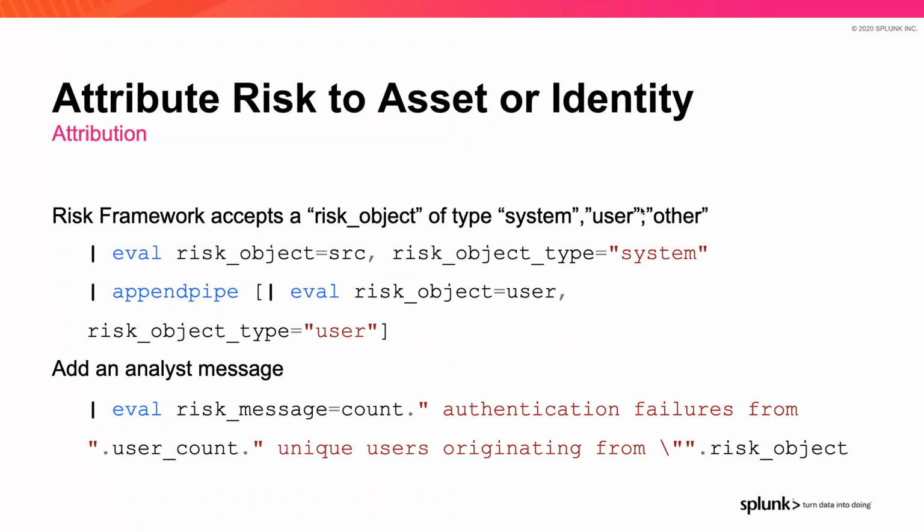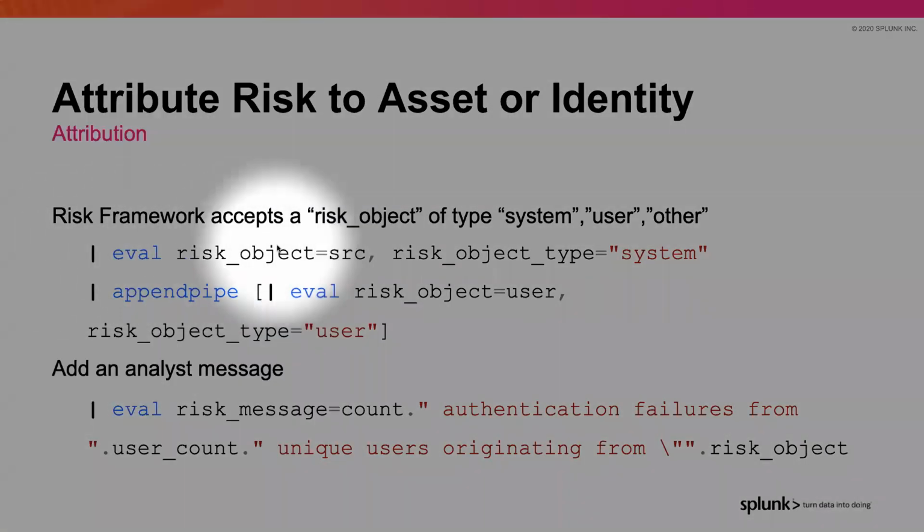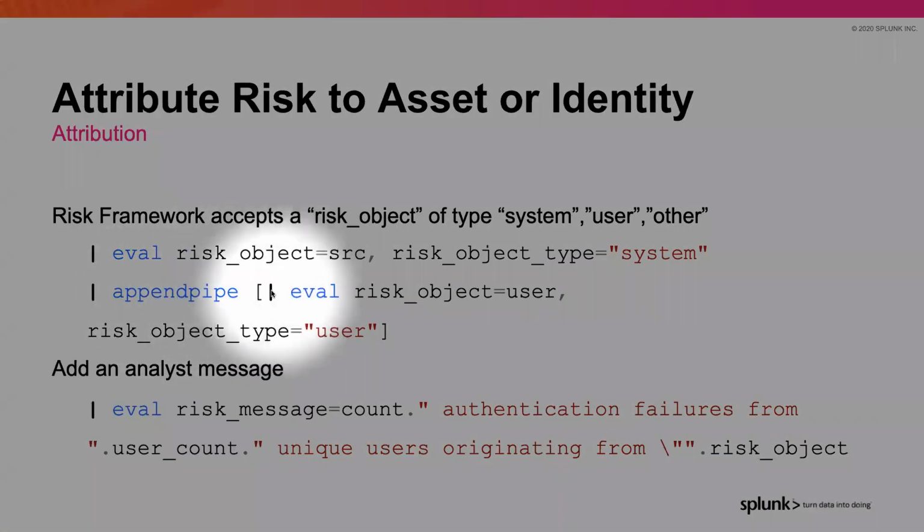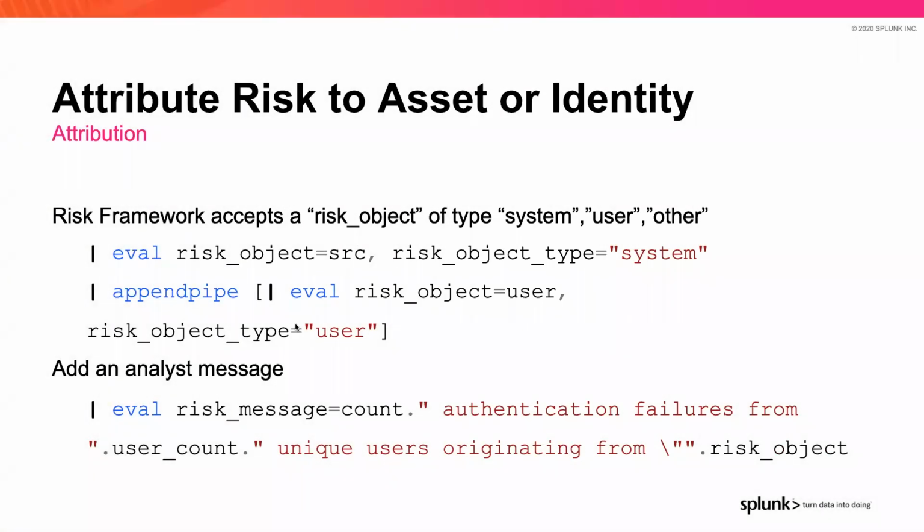Now I've shown two methods of adding this to our search. One is a simple eval where we define the risk object as the source of the authentication failures. If, for instance, we had wanted to define another one, we can use the append pipe command and add in a user.